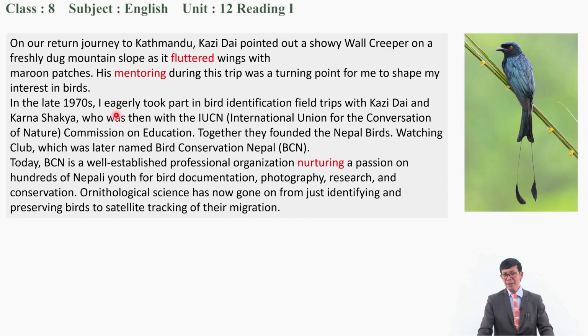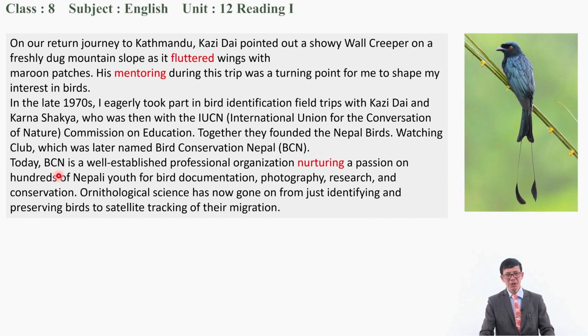So in the late 1970s, I eagerly took part in bird identification field trips with Kajidai and Kornasaki. Here, the author is talking about the 1970s, 70 to 80. Kornasaki was then with the IUCN, International Union for the Conservation of Nature, Club, which was later named Bird Conservation Nepal, BCN.